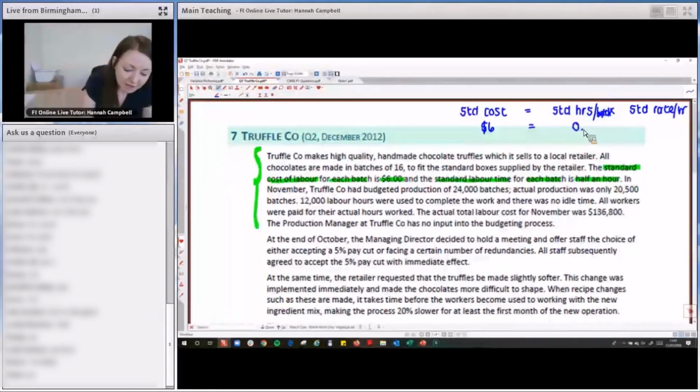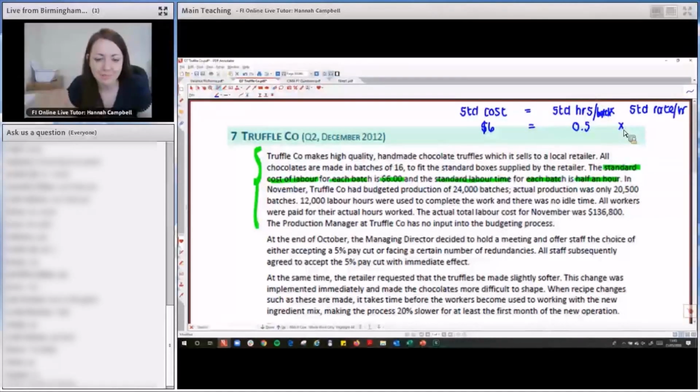So we know that half an hour is the standard hours per batch. So if $6 is the cost and half an hour is the standard hours, fastest finger first in the chat box, what must be the standard rate per hour that we are paying these workers?